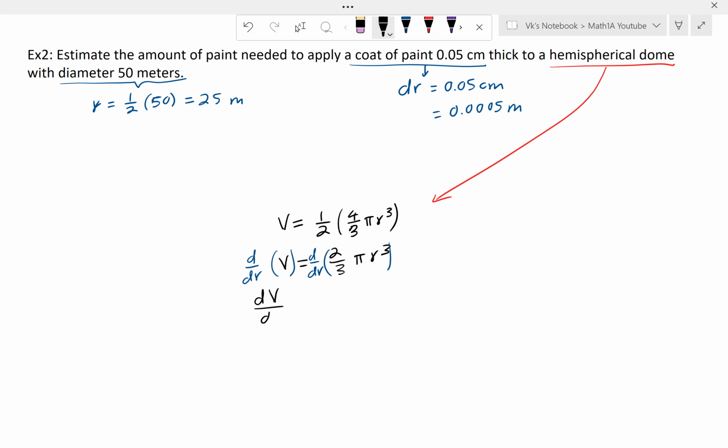To get dV over dr equal to 2/3 pi times 3r squared. And now dV is 2 pi r squared times dr. The amount of paint is dV. Because when we paint around the hemispherical dome, we are changing the volume.